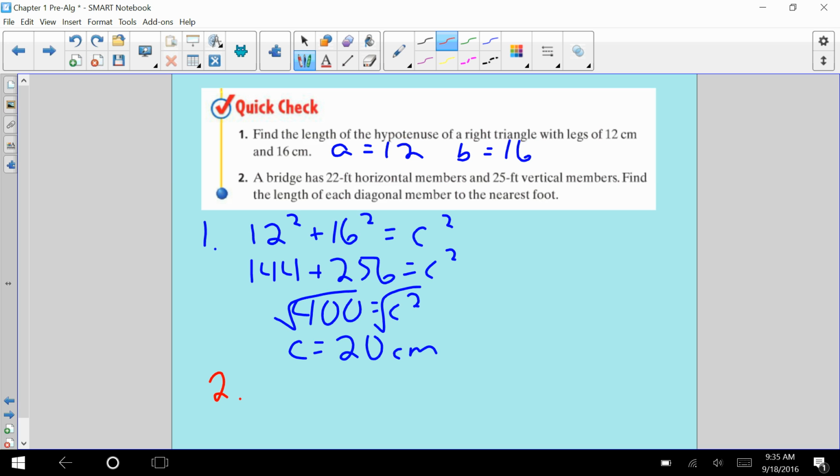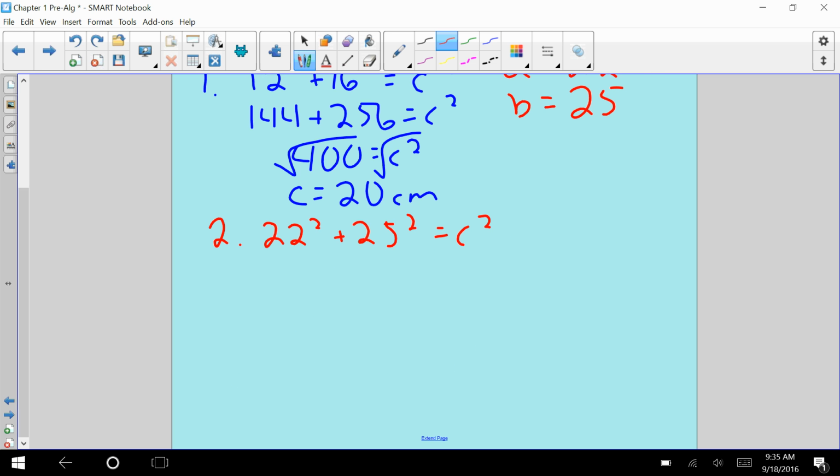For number 2, we have 22-foot horizontal members and 25-foot vertical members. We're going to find the length of the diagonal. Let's set A equal 22 and B equal to 25. So I'll set up 22 squared plus 25 squared equals c squared. 22 squared is 484. 25 squared is 625.